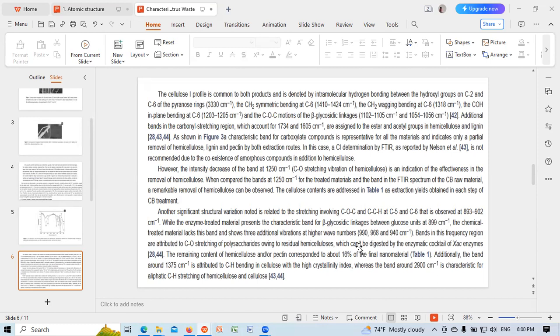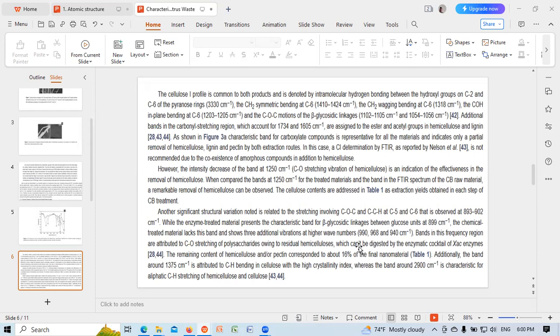Another significant structural vibration noted relates to stretching involving COC and CCH at C5 and C6, observed at 893 to 902 per cm, while the enzyme-treated materials present the characteristic band of the beta-glycosidic linkage between the glucose units at 899 per cm.